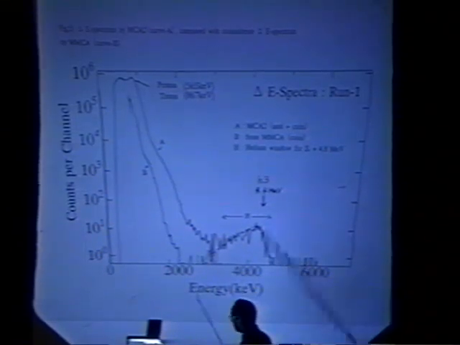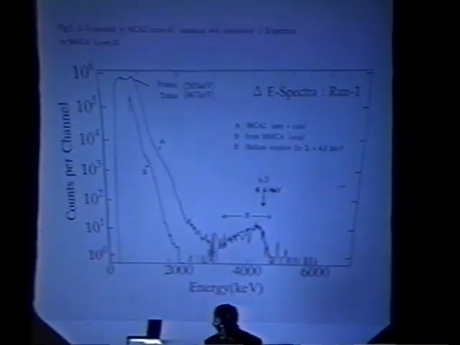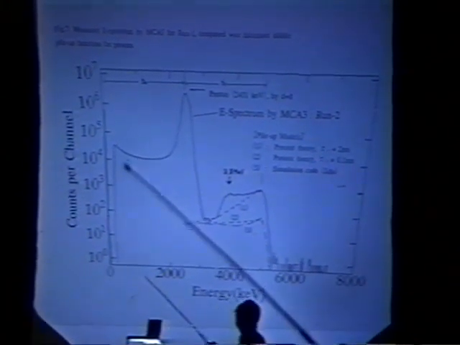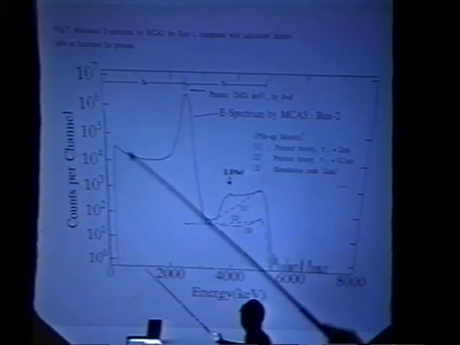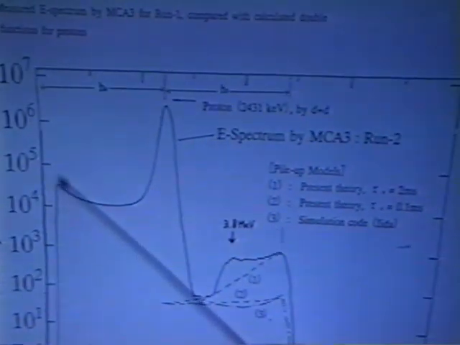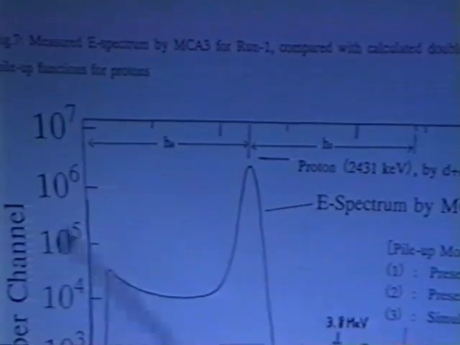So this signal stops at the delta E detector. So this may be our signal. And if we see the E spectrum, it's a single mode spectrum. We see this is the proton signal. The triton disappears because the triton lost most of its energy in the delta E detector and went this way down.